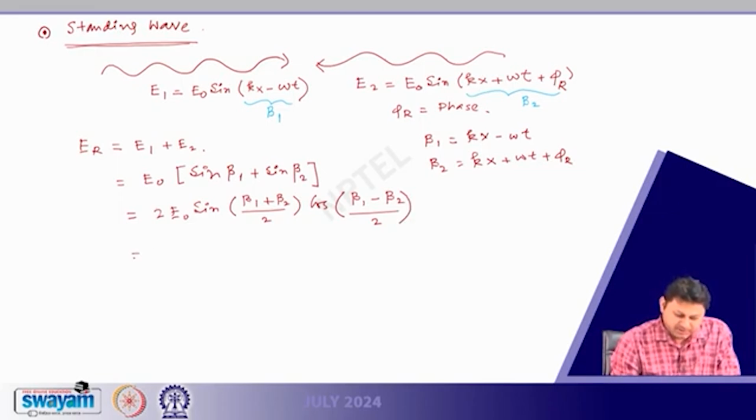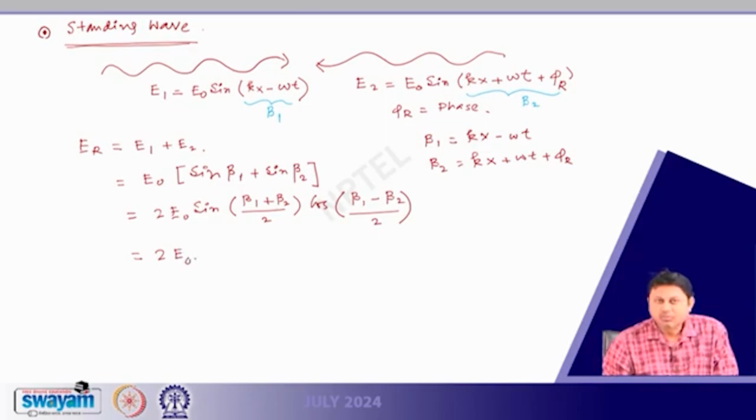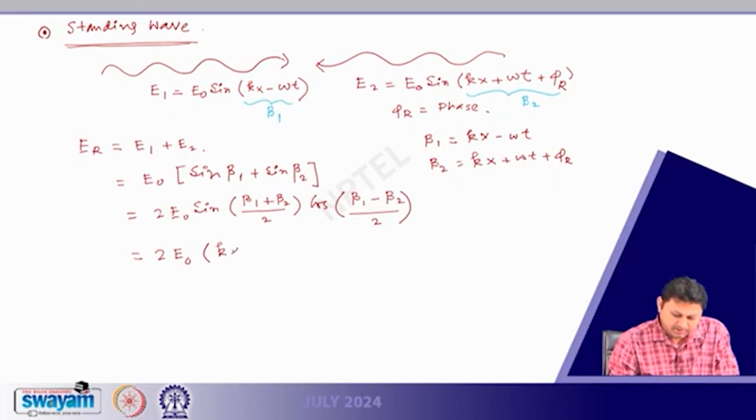And essentially what we get is 2E0 sine of beta 1 plus beta 2. If I add these two and divide by 2, it should be simply kx plus phi r divided by 2.